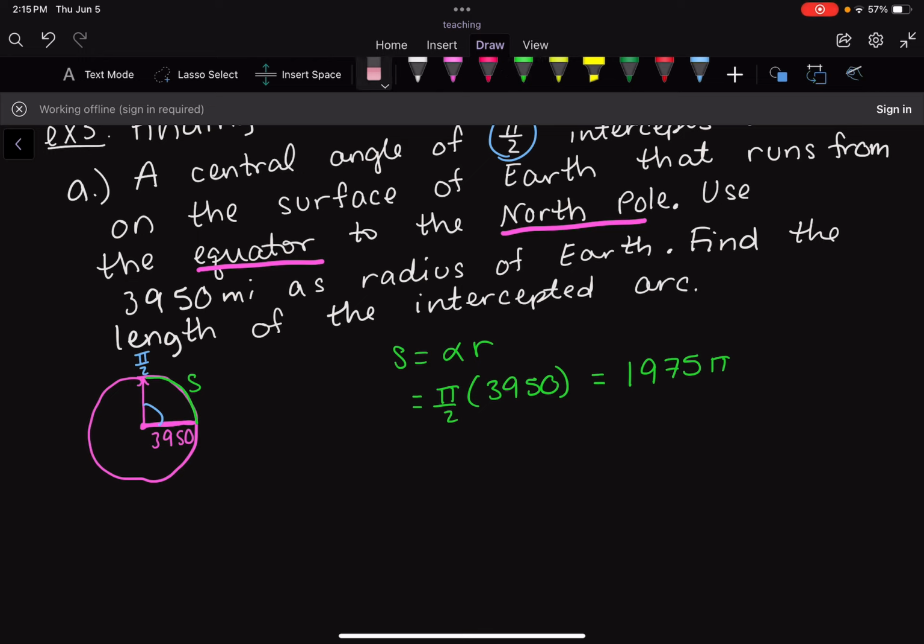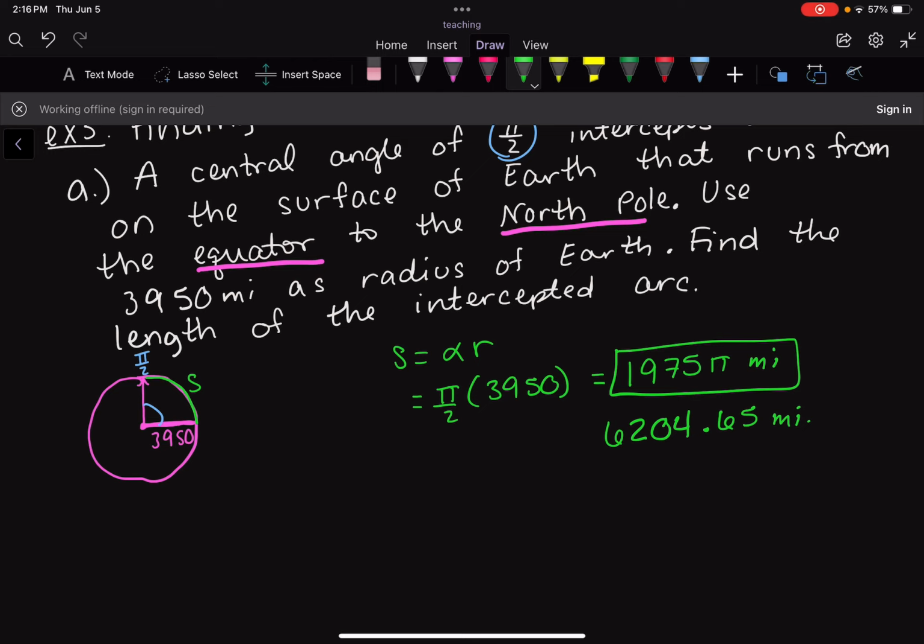Also, this is in miles since the radius was also in miles. On the homework, pay attention to the text underneath the box. It'll say either leave your answer in terms of pi, or something like round to the nearest tenth. If it's talking about rounding, it probably wants you to actually multiply by pi. If you did that, you would get 6,204.65 miles if we round to 2 decimal places.